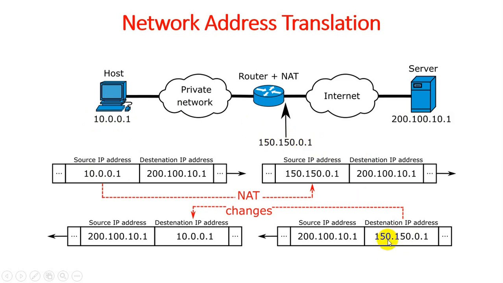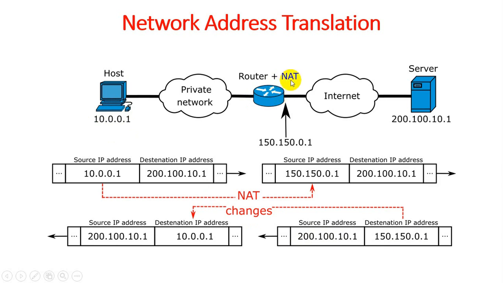So the destination address is 150.150.0.1. The source IP address that generates the response is 200.100.10.1. The actual host IP address is 10.0.0.1, which is registered in the network address translator.